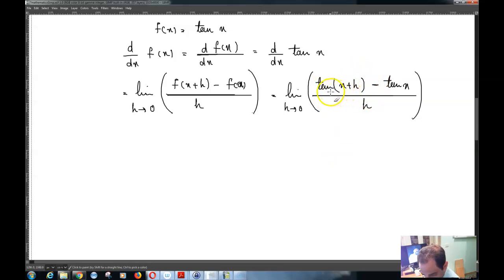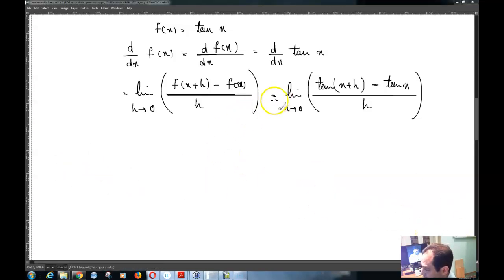So this 1 over h, it seems that I can take it out. Of course it's a constant, I can take it out. No, this is the variable, I'm sorry.